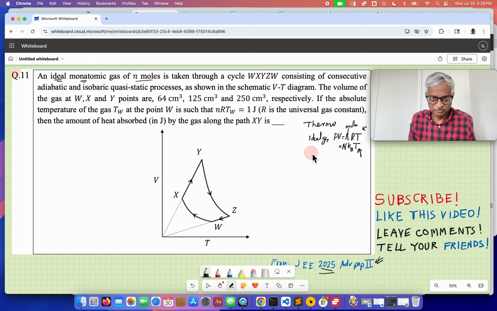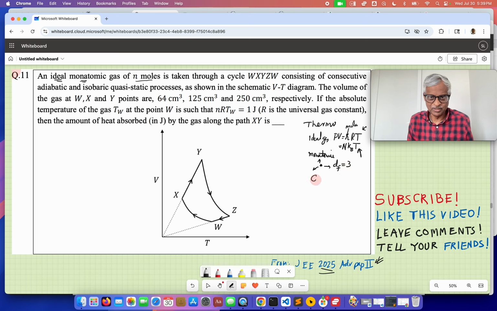All right, so ideal gas, and when you say monatomic gas, it means each molecule has just one atom, so it's going to have just 3 degrees of freedom, translation. Degrees of freedom is 3.